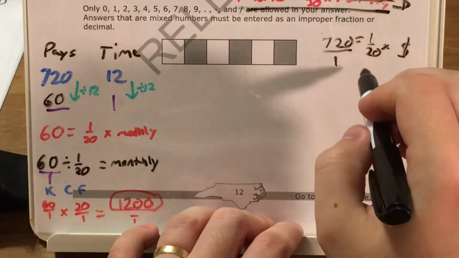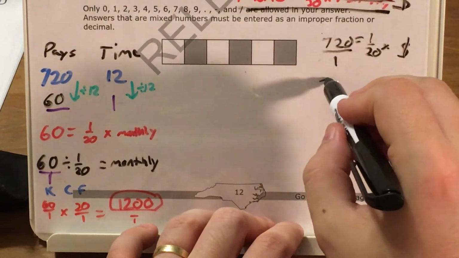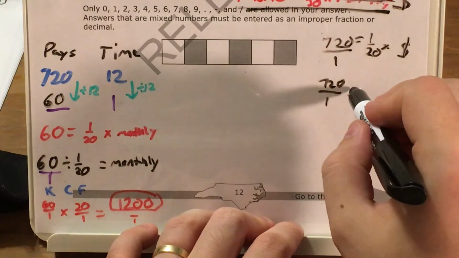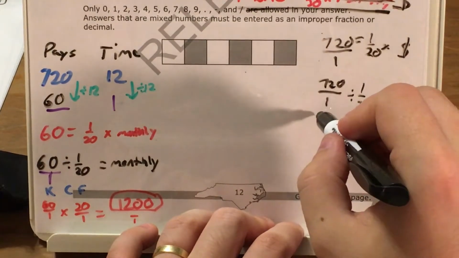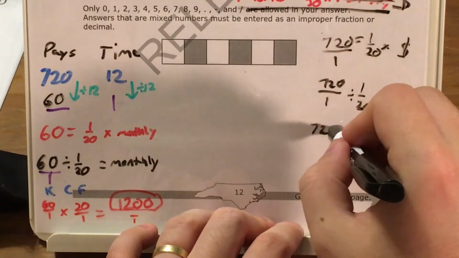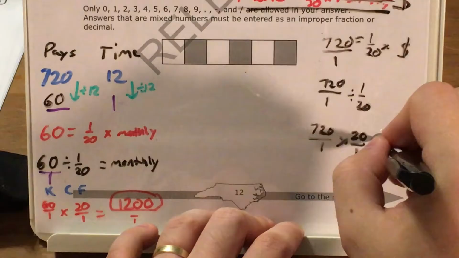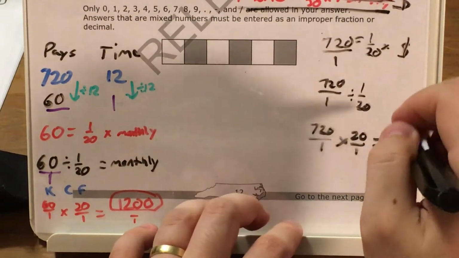Turn this into 720 ones or 720 wholes. Use fact families to say that 720 wholes divided by 1/20th, or if we use keep change flip, we'll get 720 ones times 20 ones equals his yearly earnings. I don't know why I wrote that as an 8.